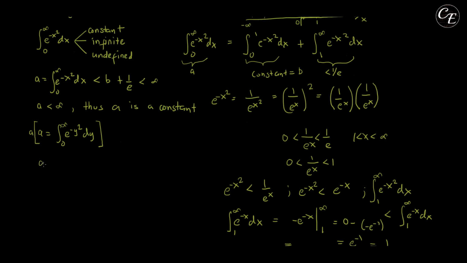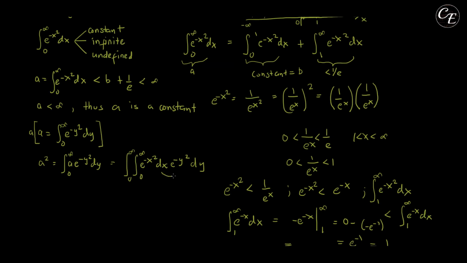Then we'll get a squared is equal to, we can move a inside the integral, so we'll get the integral of a e raised to negative y squared dy from 0 to infinity. But a can be this one, so we'll get here the integral of the integral of e raised to negative x squared dx, times e raised to negative y squared dy. This is from 0 to infinity, and this one is from 0 to infinity.